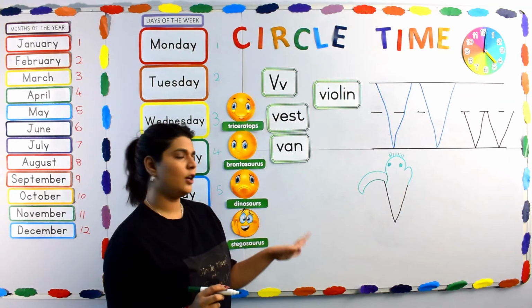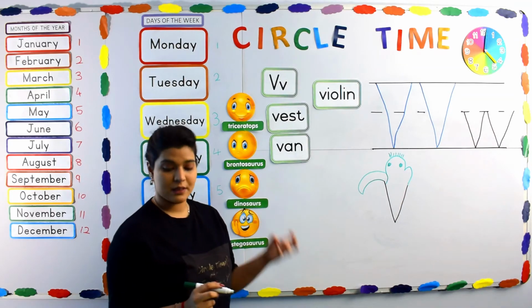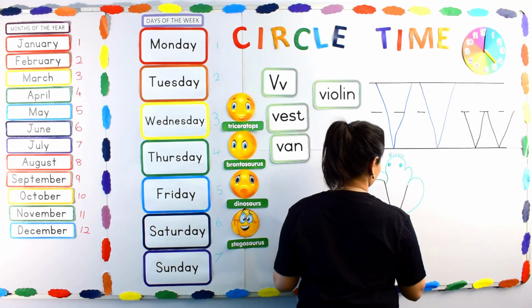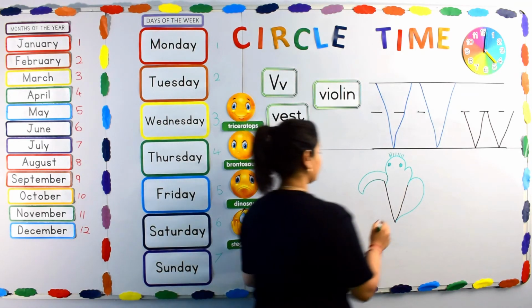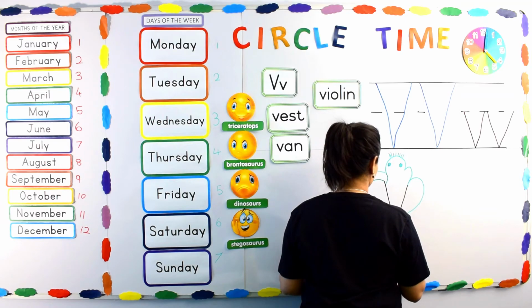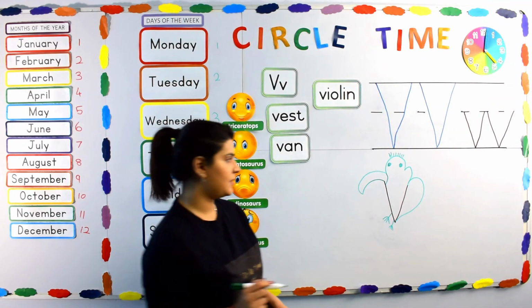Now, this isn't looking like a vulture yet, so let's give the vulture the rest of its body. Some legs. And some feathers.